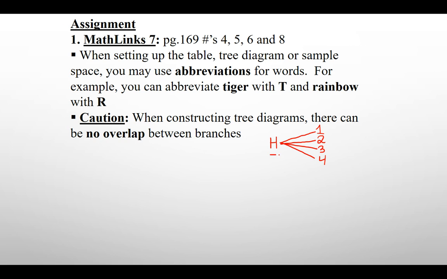And then you put down tails here, and you think, oh, I don't want to draw 1, 2, 3, and 4 again, so I'm just going to make the tails go up here to the 2, to the 3, to the 4. That's really messy. I can see the red lines and the purple lines crossing each other. That's not allowed in a tree diagram. You would have to draw the outcomes for the die a second time. No crossing over, no overlap between the different branches.